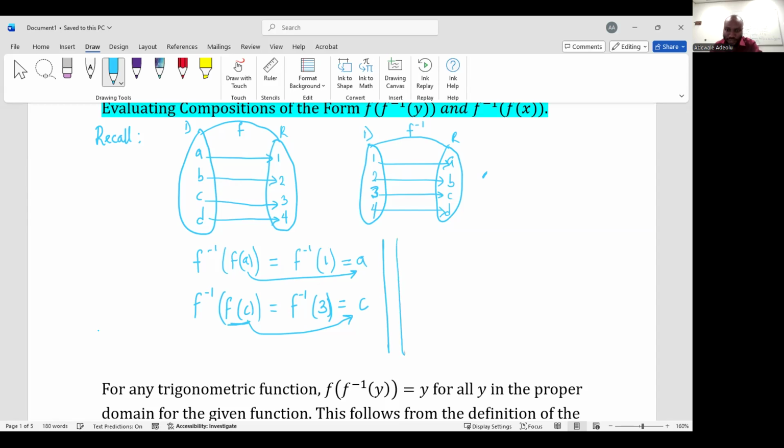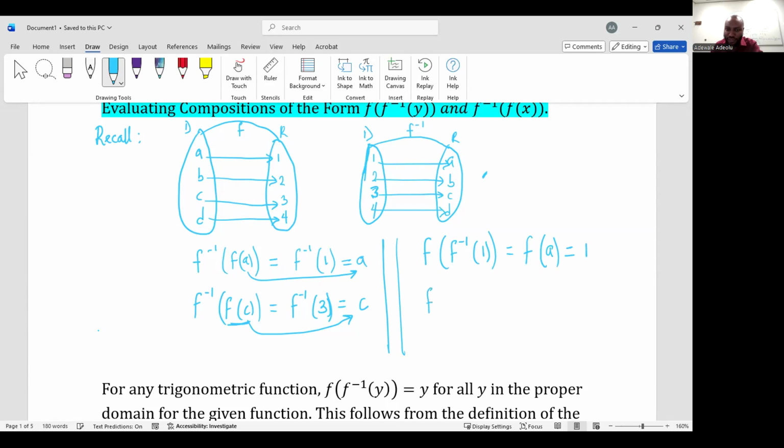What of the other way around? f composed with f inverse. In this case, I'm going to consider something like 1 because I'm picking from here now. So f inverse of 1 is A, and now f of A is 1.